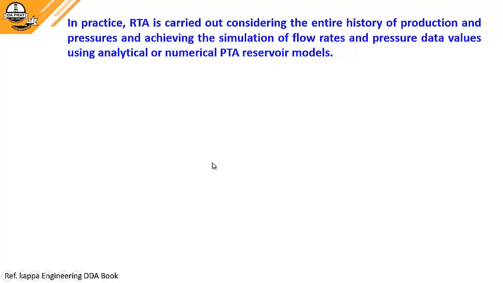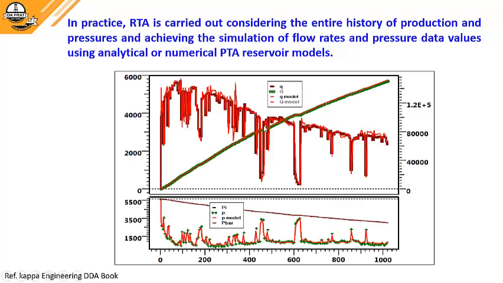So in practice, rate transient analysis is carried out considering the entire history of production and pressure and achieving the simulation of flow rates and pressure data values using analytical or numerical models. Here is an example. You have here your production and you have also your bottom hole pressures.